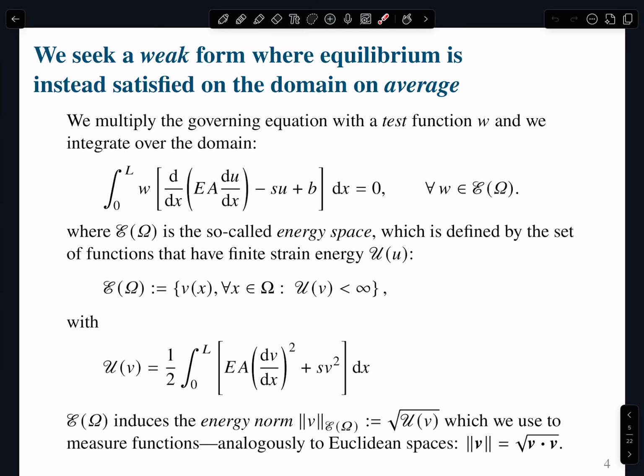I'm going to say that essentially the norm of this function v, I'm just going to compute it as the square root of the strain energy of that function v. Yeah? So again, this is our way to measure functions now that we're dealing with functional spaces. And you can see, well, this is analogous to the Euclidean space norm, where you basically take the square root of v dotted v, right?